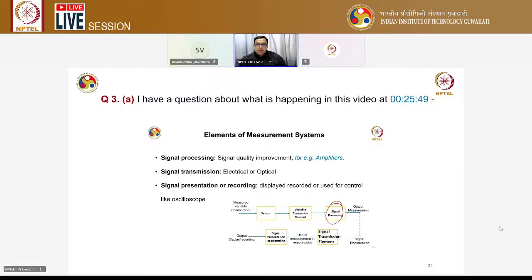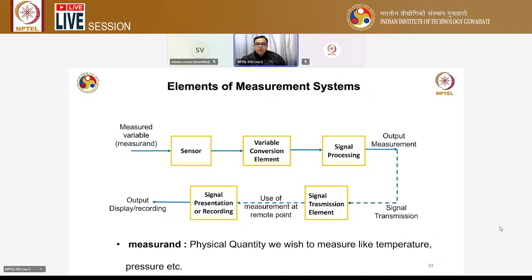Okay. Then there was a question about this particular slide that deals with elements of a measurement system. Okay, and this is what we have seen. This is a typical measurement process. You have a measured variable, or what we called the measurand throughout the course.